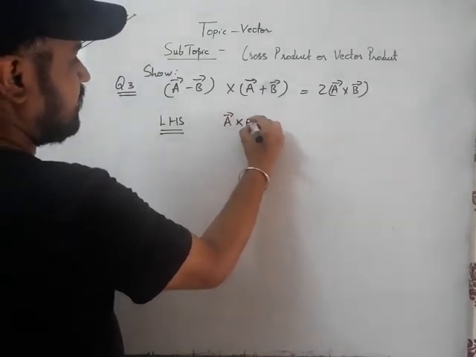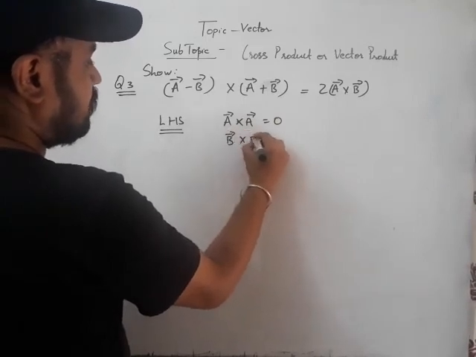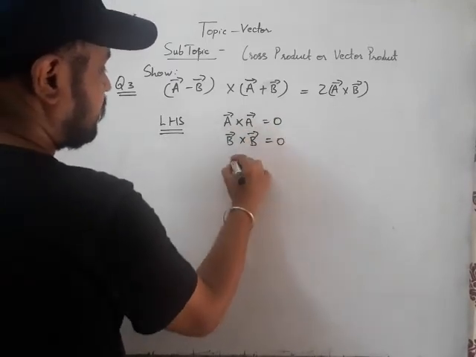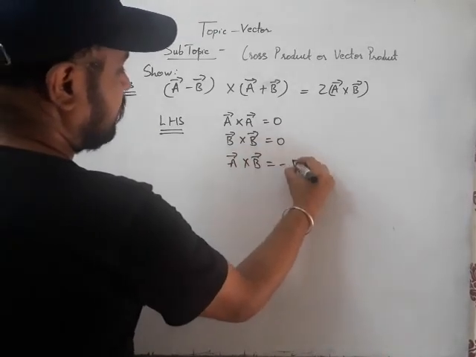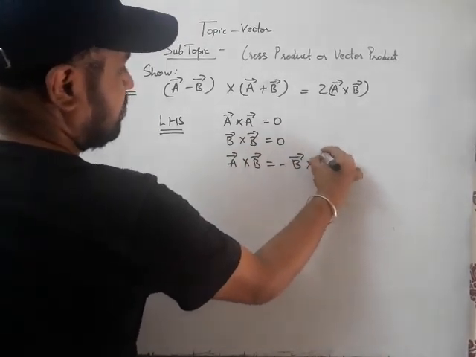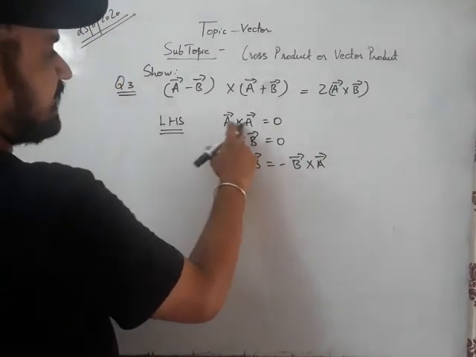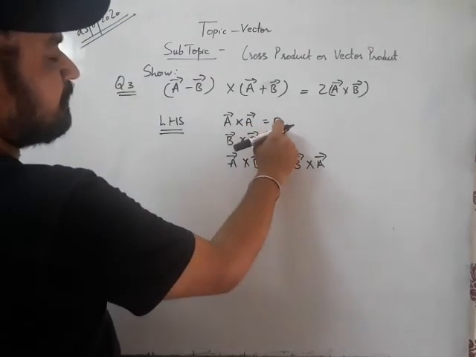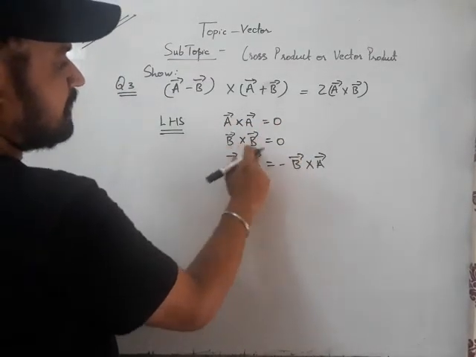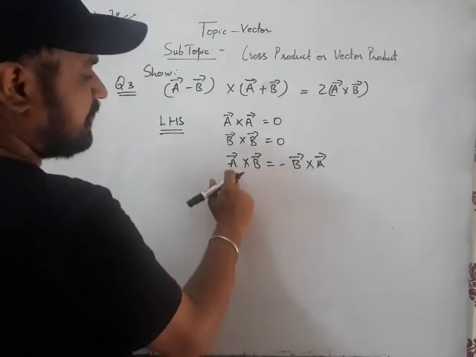Before picking up the left hand side, I may write a few things over here. Always remember that A cross A will be 0, B cross B will be 0, and A cross B will be equal to minus of B cross A. These are the basic things you need to remember, because sin theta is there: A and A are parallel, so sin 0 will be 0, and B and B are parallel as well.